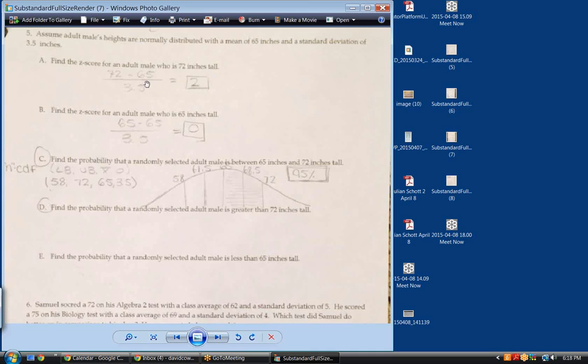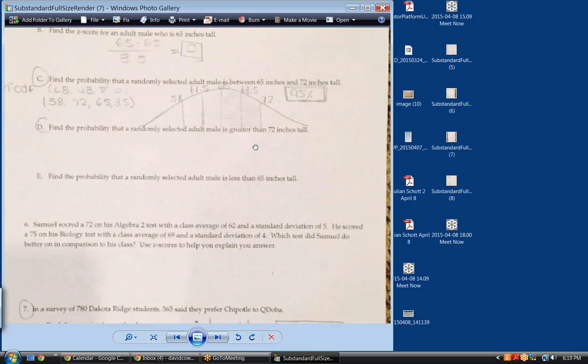In other words, in this case here, he was 2 standard deviations above the average height, so his Z-score is 2. Here, he was 0 standard deviations above the mean, so his Z-score is 0. So it's a measurement of how many standard deviations you are away. Right.